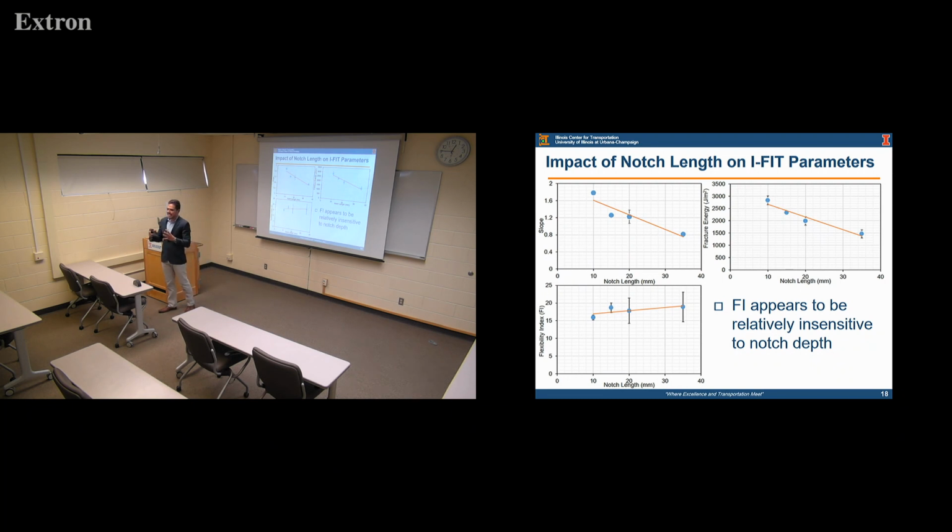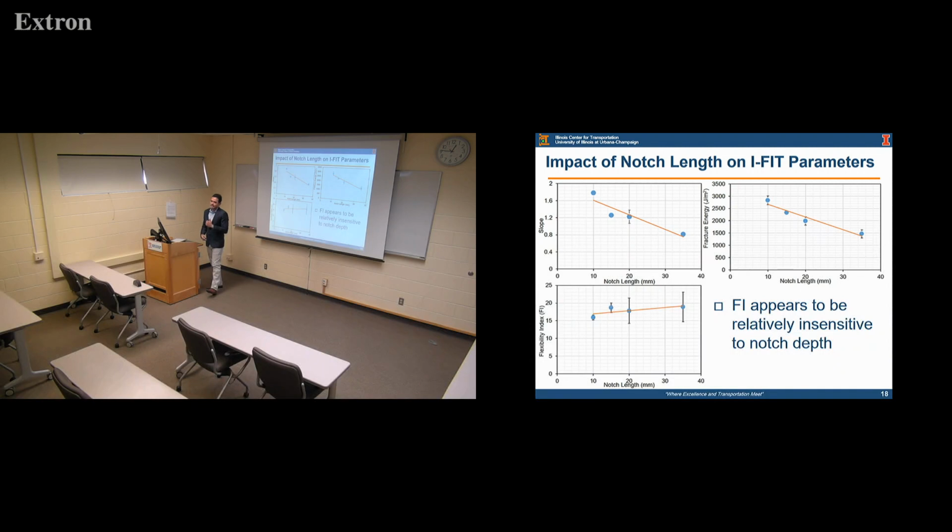So we're basically having a specimen that's weaker. One thing that was interesting from this part was that both of them cannot decrease at the same rate, because the iFit is just the ratio between both of them, so the iFit cannot stay relatively constant regardless of which notch length I use for the specimen. And that was something very interesting to see that I was not expecting.